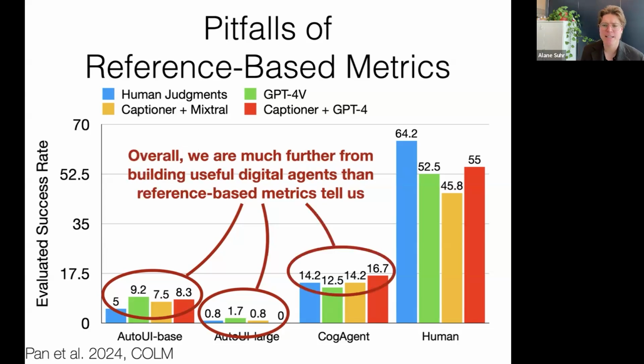Overall, looking at something like success rate shows how much further we are from building useful digital agents that successfully follow instructions, compared to what the reference-based metrics tell us. As I showed in the previous couple of slides, these reference-based metrics suggest around 70% accuracy, but success rates are less than like 20%.